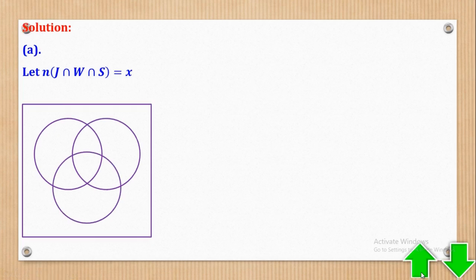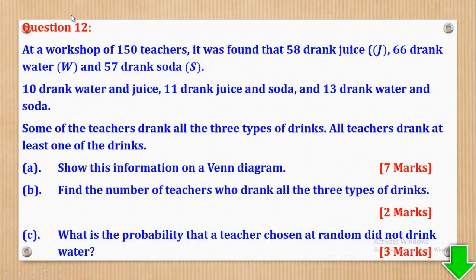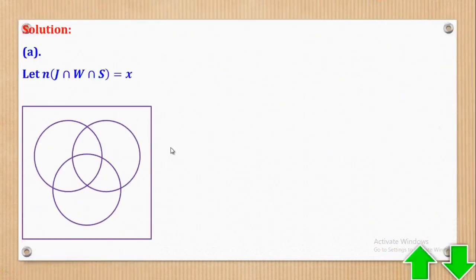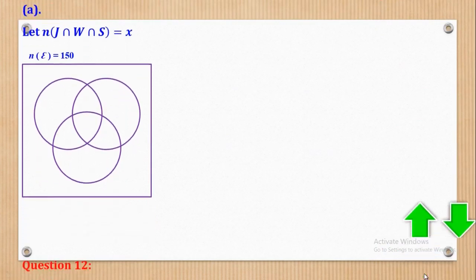So for the first one, we are told that the workshop has 150 teachers. What does that mean? It means that the total must add up to 150. So we shall say that n of the universal set will be equal to 150.